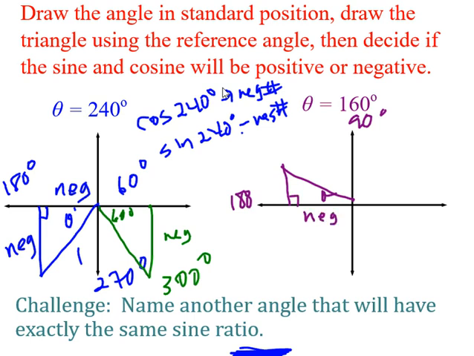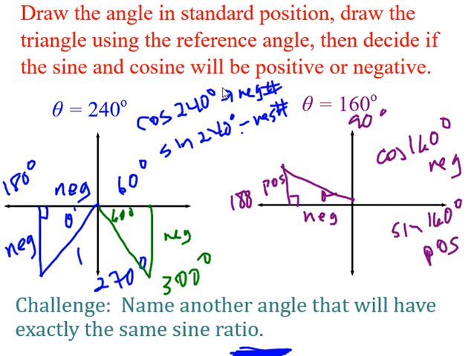This is going to be a negative. So cosine of 160 will be negative. And then my sine, the y value is going to be a positive number. So sine of 160 will be positive. And you could check that with your calculator. My guess is you will get those answers.